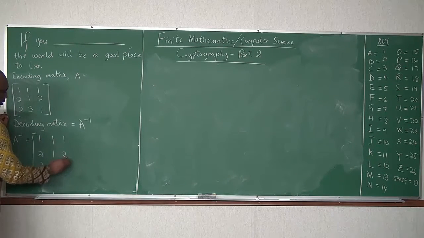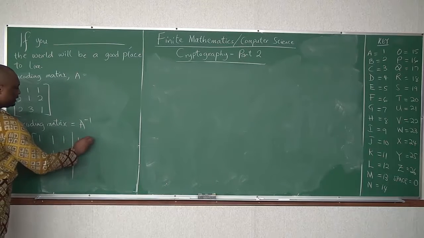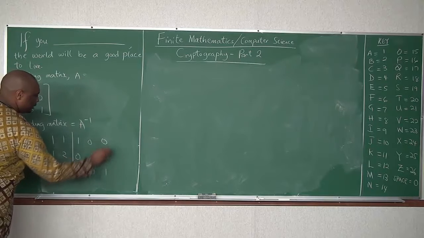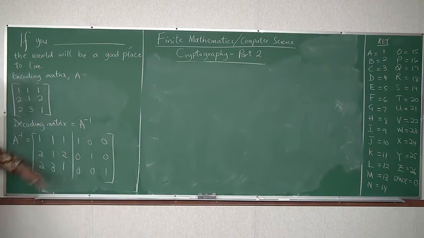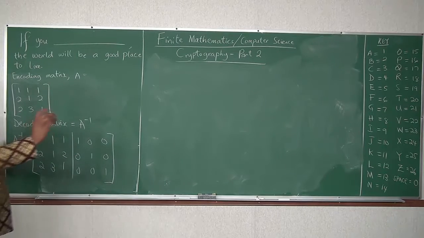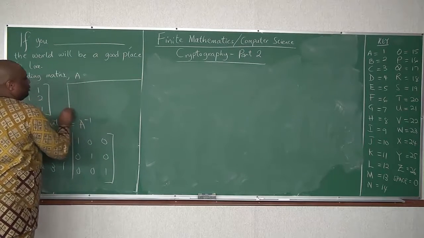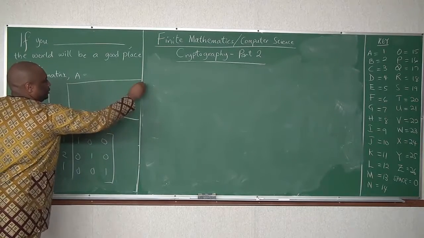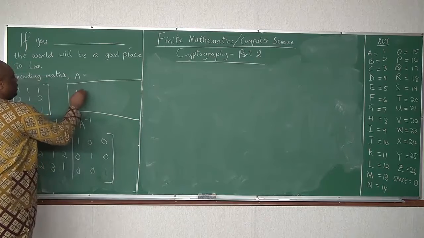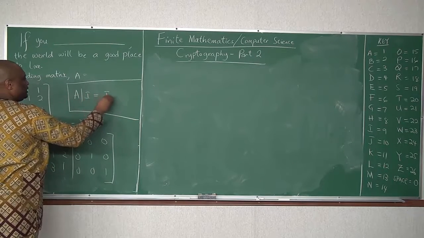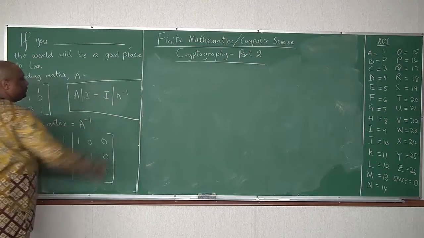We have 1, 2, 2, 1, 1, 3, 1, 2, 1, and then the augmented matrix will be 1, 0, 0, 0, 1, 0, 0, 0, 1. That's the identity matrix. I have to transform this to this. Remember the rule: the identity matrix is equal to the identity matrix, A inverse.